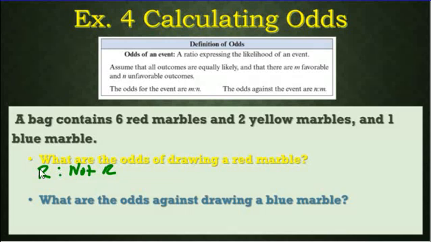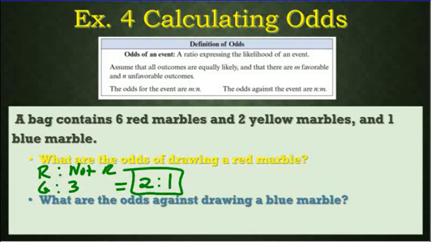So the odds of getting a red, there are 6 red marbles, and there are 3 that are not red. And I need to simplify that so I can divide each number by 3, and I get 2 to 1. So you have 2 to 1 odds of drawing a red marble.